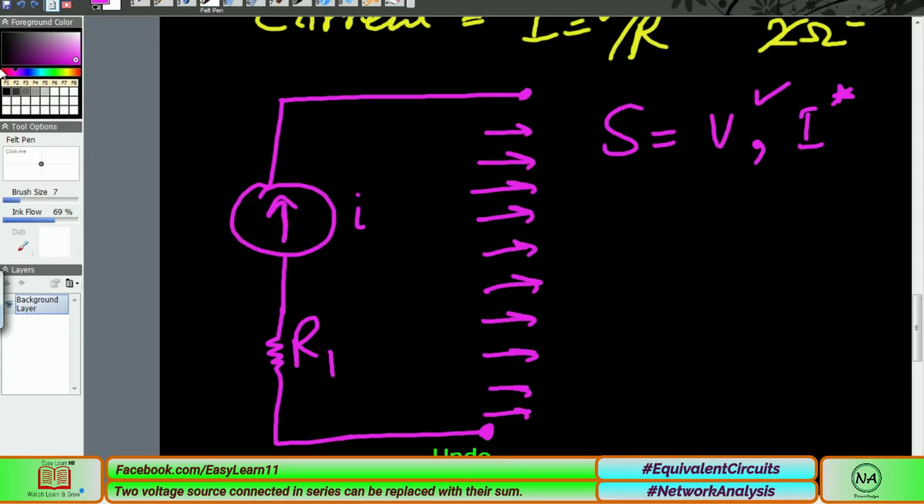Current has only one way to flow. There are no other ways to flow. Current is coming and has to pass through the resistance and then reaches here. So there is only one way. Like here, if we have 3 ampere, the current across R1 will be 3 ampere.